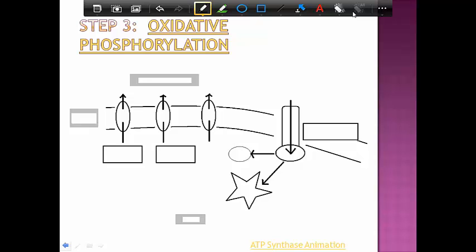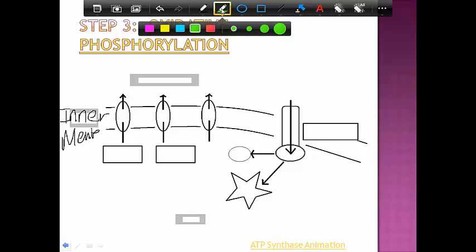All right, so first we're going to start by filling in the boxes. As I said, this should look kind of familiar. This is our inner membrane, so I'll write INNER and abbreviate membrane. I'll make it red for our purposes here.